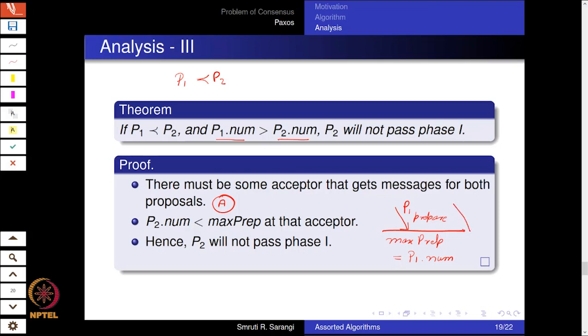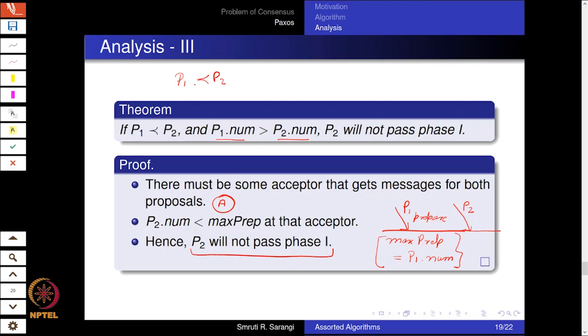Subsequently, when P2's prepare message comes, we do the same check with max prep, and this will fail because P2's number is less than P1's number. So the check in phase 1 will essentially fail, and P2 will not pass phase 1 because we check with max prep, but P2's number is less than P1's number. All right, so take a look at this. So what have we just proven?